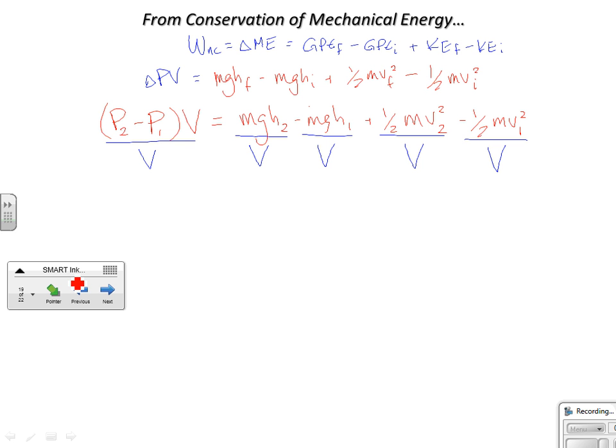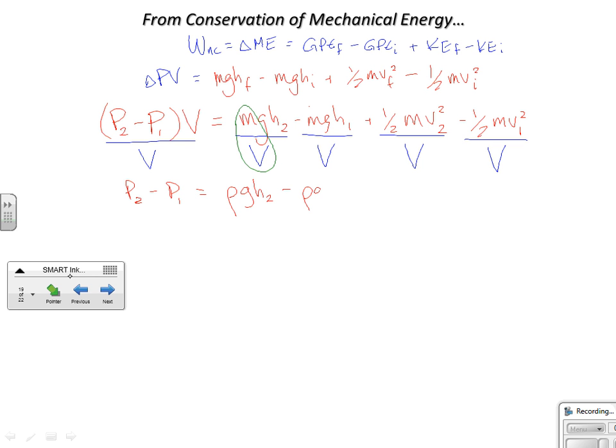And what we end up with here is P2 minus P1 equals, well, dig it. What is that? Mass per unit volume? It's rho g h2. Oh yeah, look. Pressure, rho g h, right? Same thing. We've seen that in our static fluid statement.